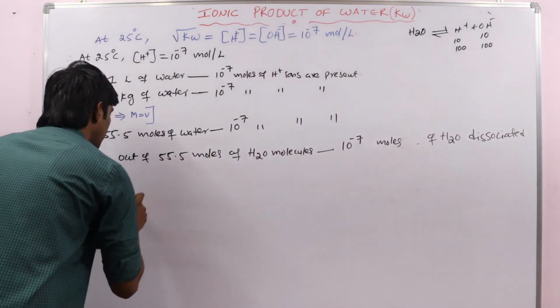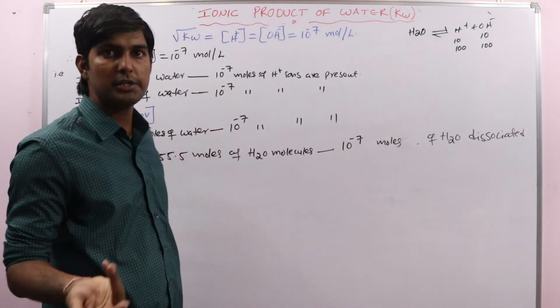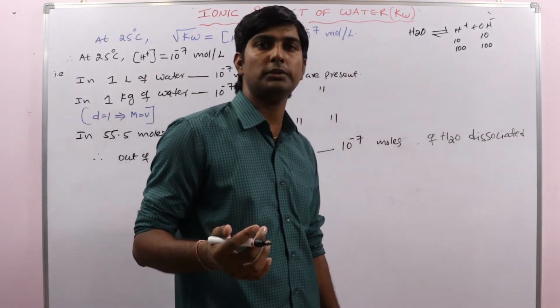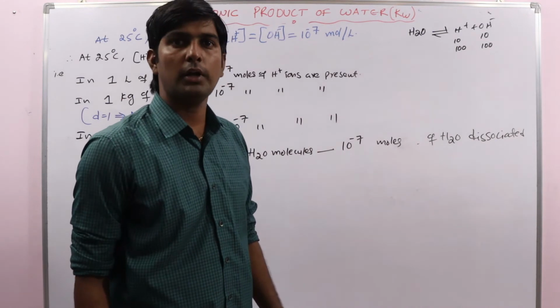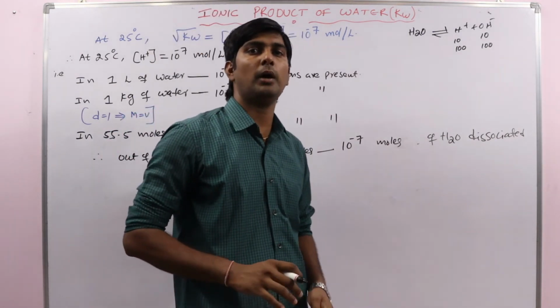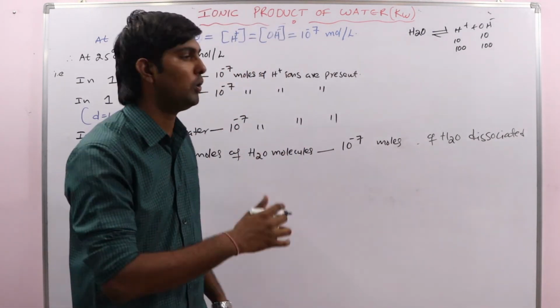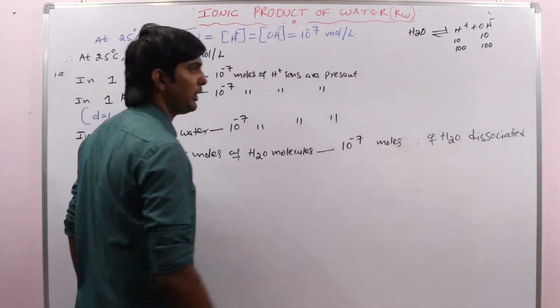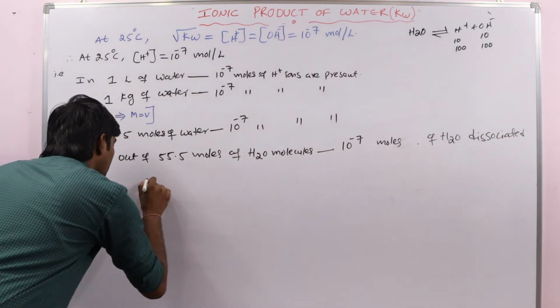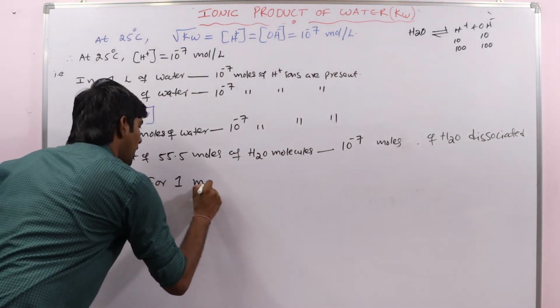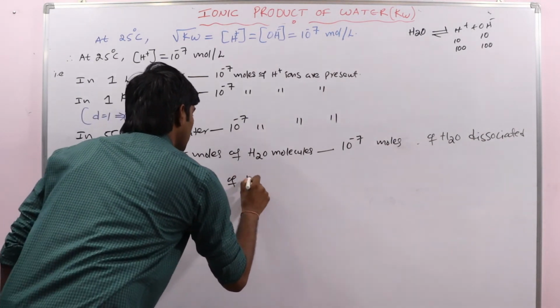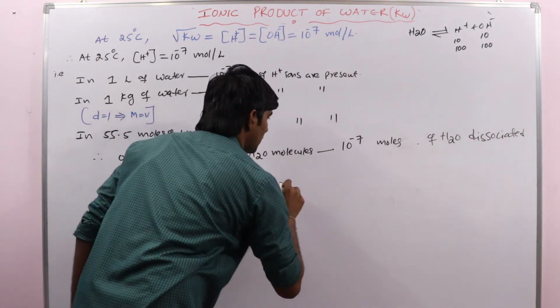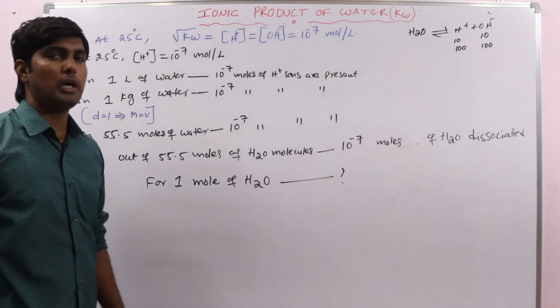Now, to find the degree of dissociation, we need how many moles dissociated per mole. Here, out of 55.5 moles, 10 power minus 7 moles dissociated. For 1 mole of H2O, how many moles are dissociated?